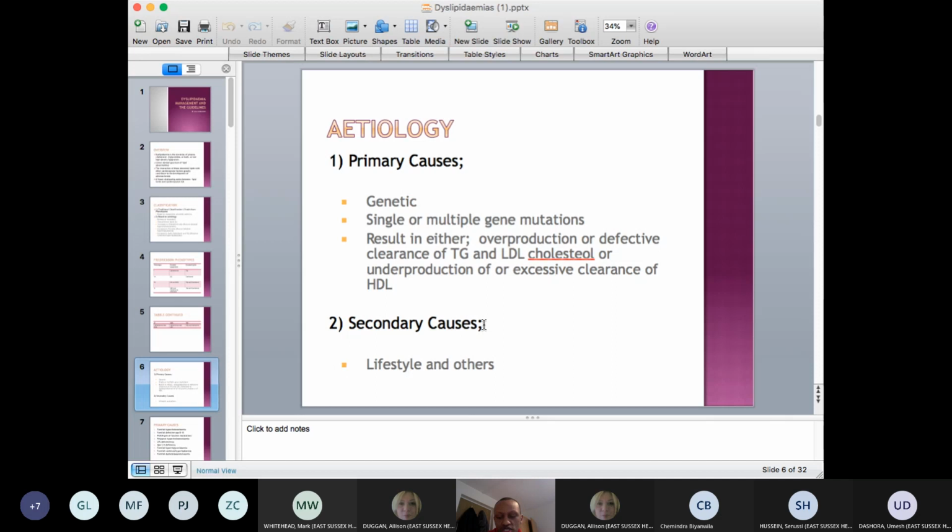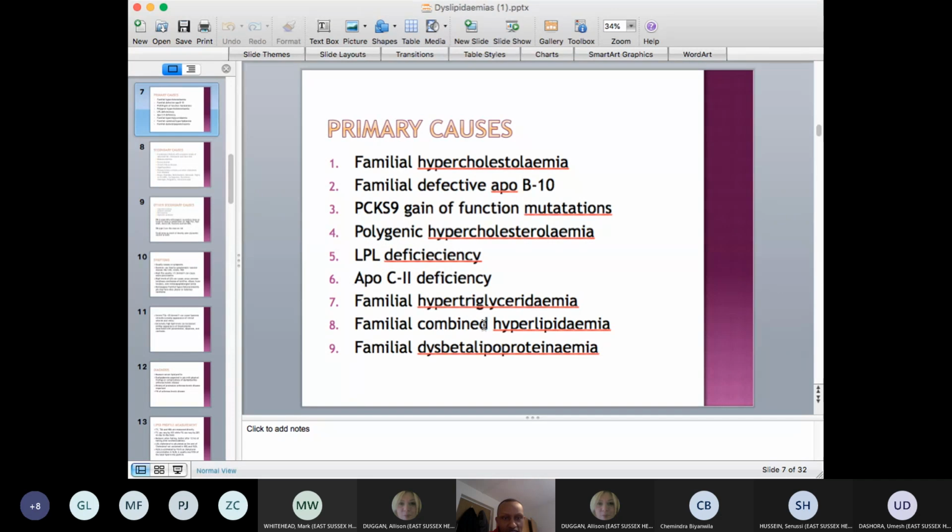The secondary causes mainly are caused by lifestyle, but there are also other secondary causes, as we are going to learn more about it. For the primary, which is based on the genetics, there are so many types which are classified, but the most important is the familial hypercholesteremia.